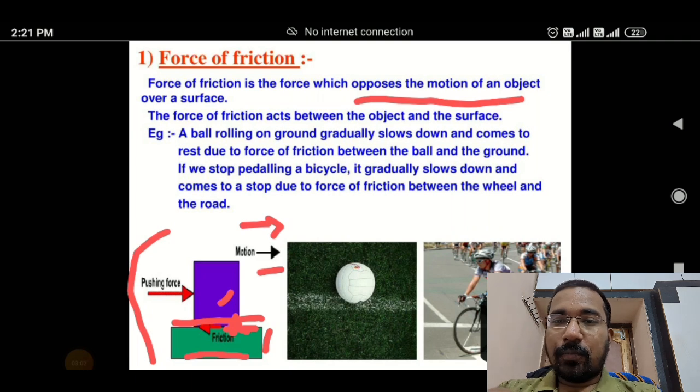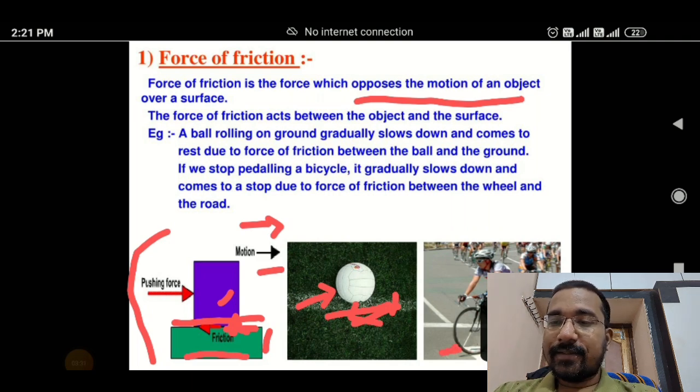The force of friction acts between the object and the surface, at the point of contact. For example, a ball rolling on the ground gradually slows down. Why does it slow down? Because of friction. When the ball is moving, there is a frictional force in the opposite direction which opposes the motion of the ball.